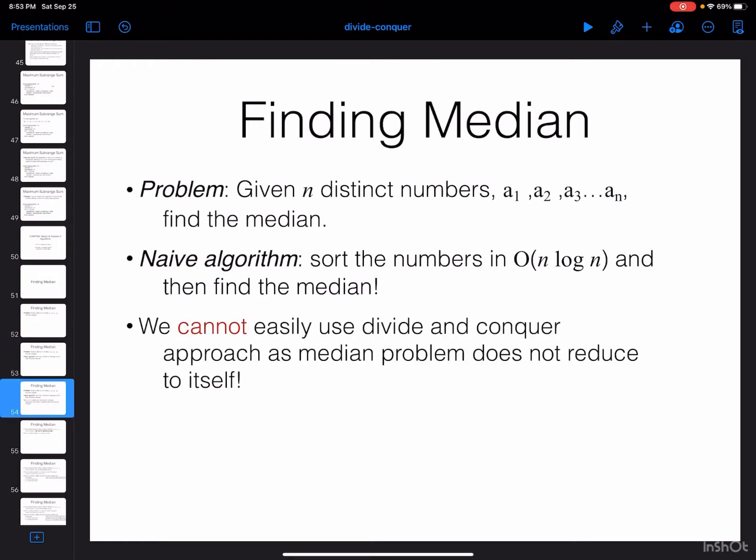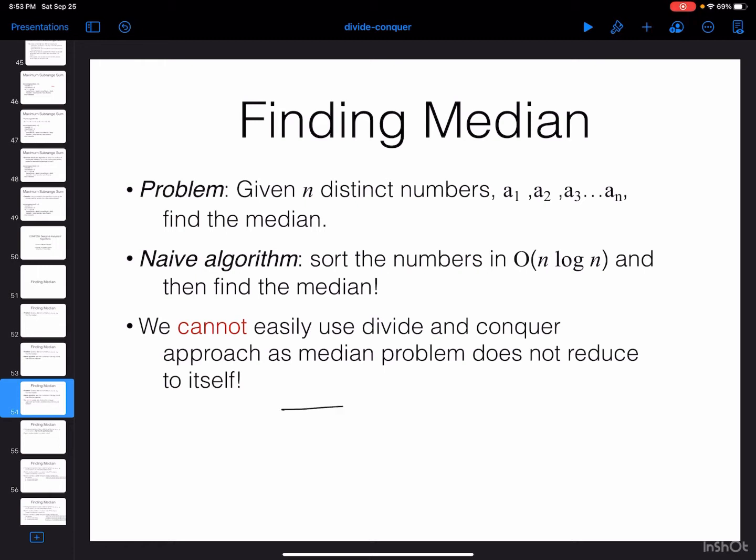If you think about it, solving this problem directly using divide and conquer is not going to be really easy, or at least it's not simple to find a way to change the finding median problem and create subproblems that come back to itself.